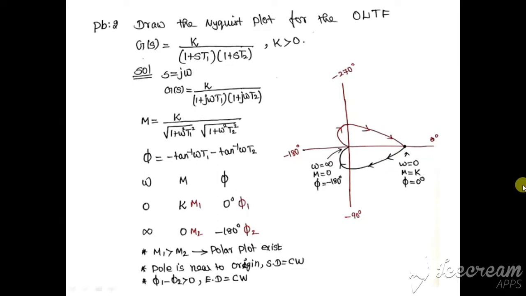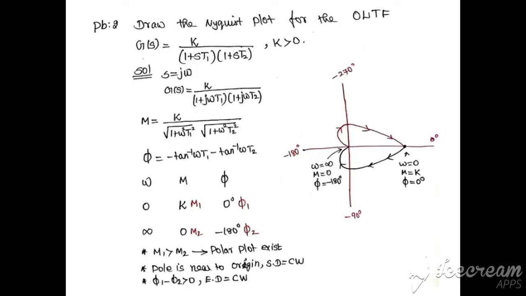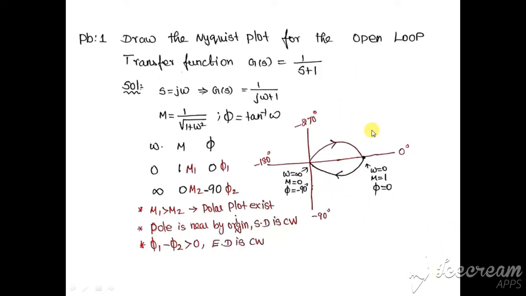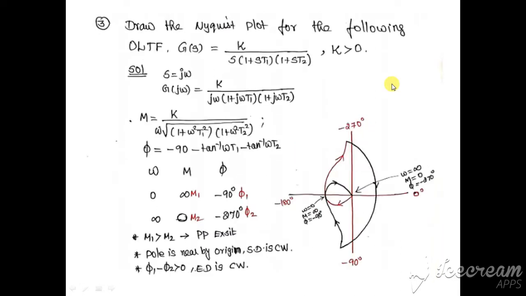Starting point of mirror image is the ending point of polar plot, and ending point of mirror image is the starting point of polar plot. So in problem 1 and problem 2, there are no poles and zeros at the origin. So for these two problems, there is no semicircle. So now move to the third problem.